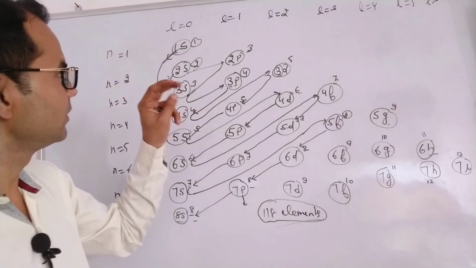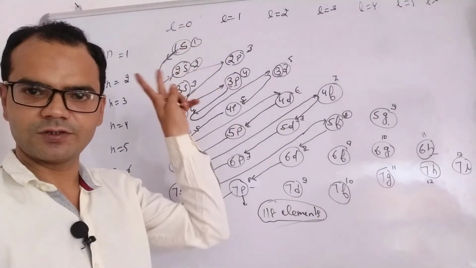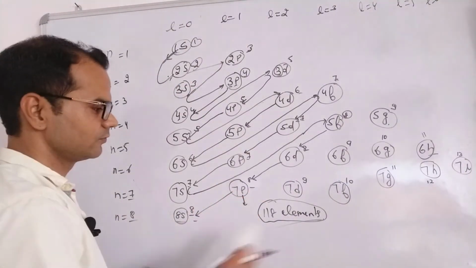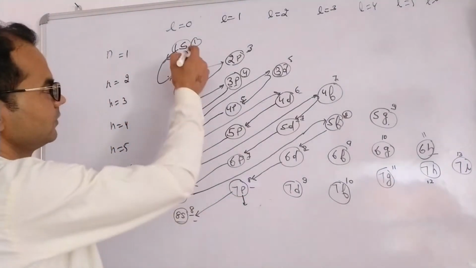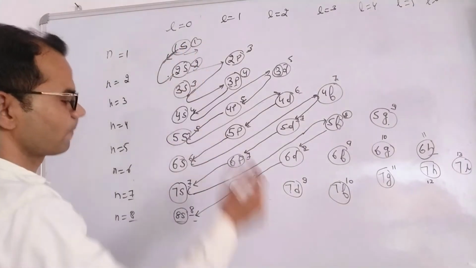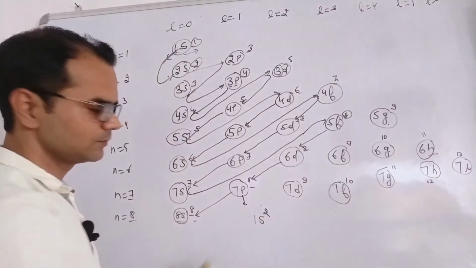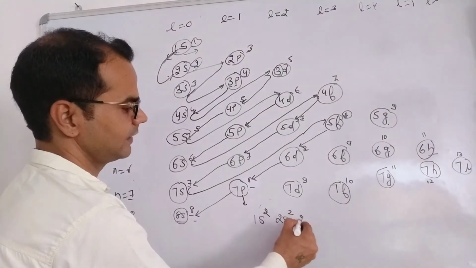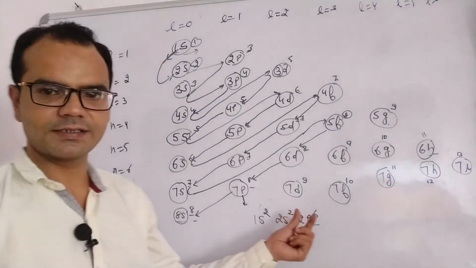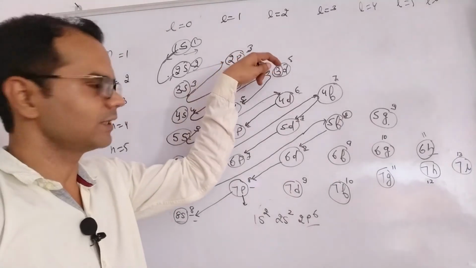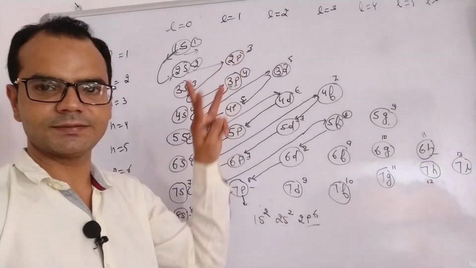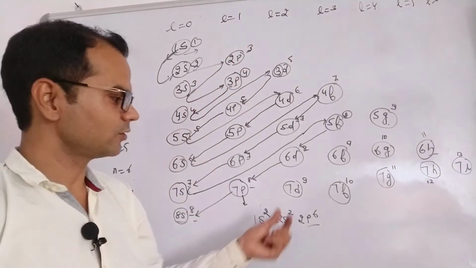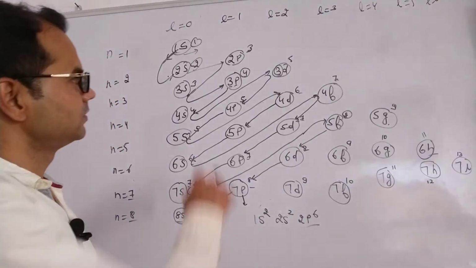As we know, one orbital contains 2 electrons. So first electron will go to 1s2, next 2s2, next 2p6. Why 6? Because p subshell contains 3 orbitals. So electrons total will be 6.